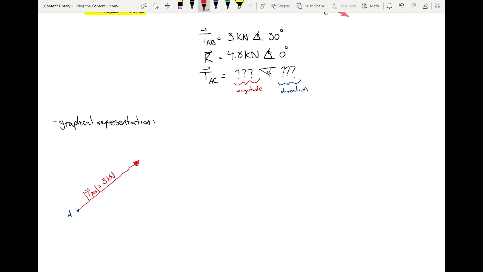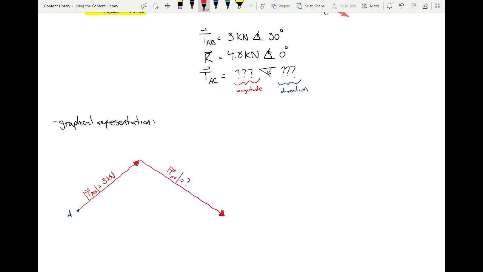And then what I'm going to have is a second vector going like this. So TAC. Now I don't know that magnitude, right? I don't know that.